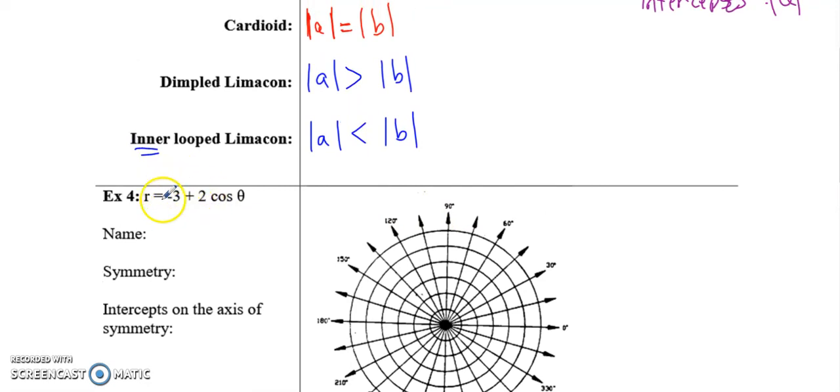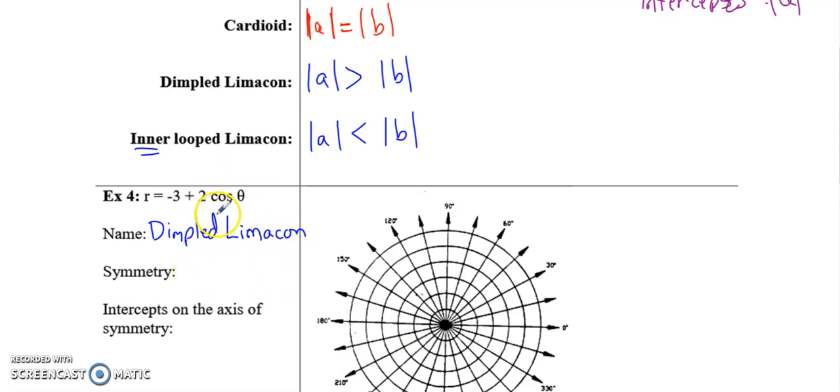So is the absolute value of A bigger or smaller than B? So it's a dimpled Limacon.